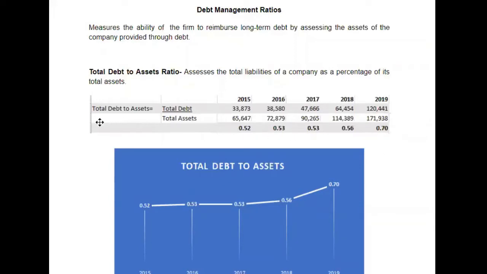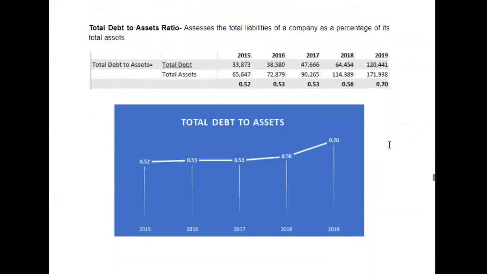So the Jollibee Food Corporation's total debt to assets ratio in 2015 is 0.52, and 2016 has 0.53, while in 2018 it has 0.56, and in 2019 has 0.70.